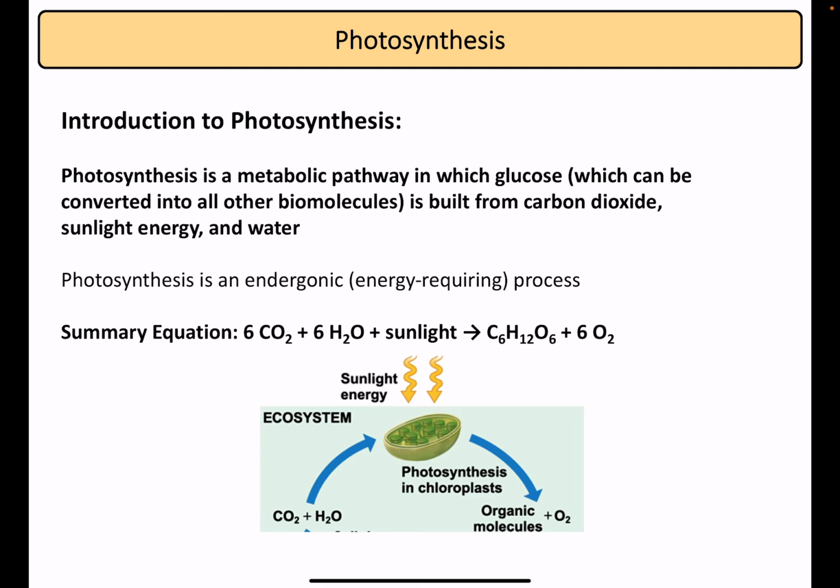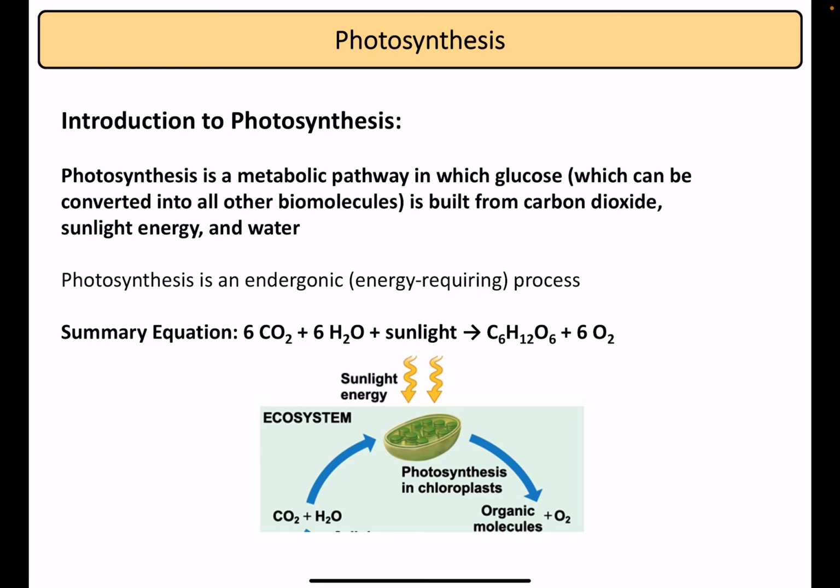So in a simple sense, to summarize what's going on here, a plant is using sunlight energy to build carbon dioxide from the atmosphere into a bigger molecule, and that bigger molecule is glucose. The plant can then convert that glucose into any other biomolecule it wants, whether that's sucrose, starch, a fat, or a protein.